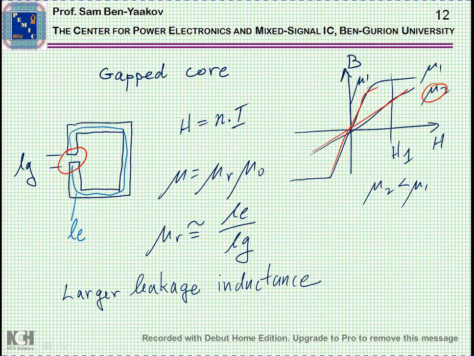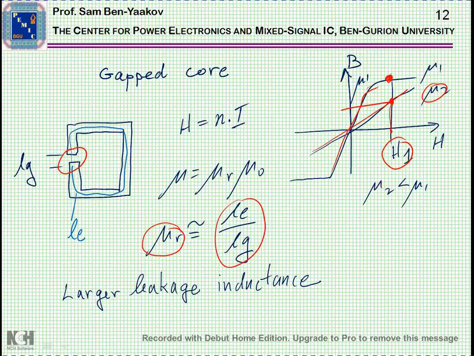So for a given magnetic field strength, instead of being in saturation, the lower permeability will actually maintain the system in a reasonable flux density region. The required relative permeability needed is related by this approximate equation.